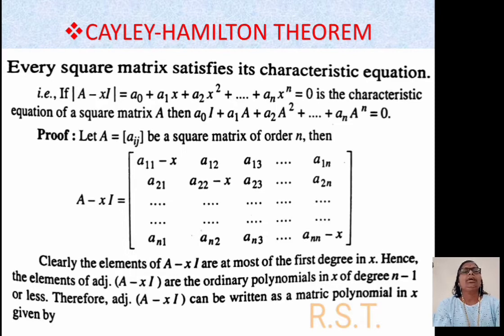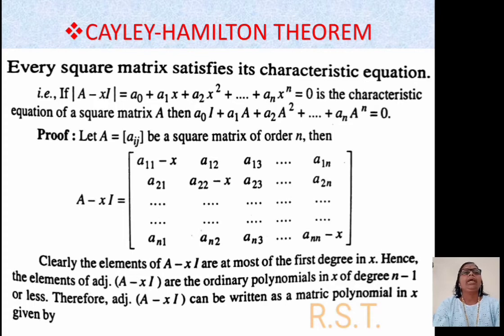That means replacing x by matrix A, this equation is satisfied. That is, we have to prove that a0 into I plus a1A plus a2A squared plus up to an A raised to n equals 0. Let us prove this theorem.